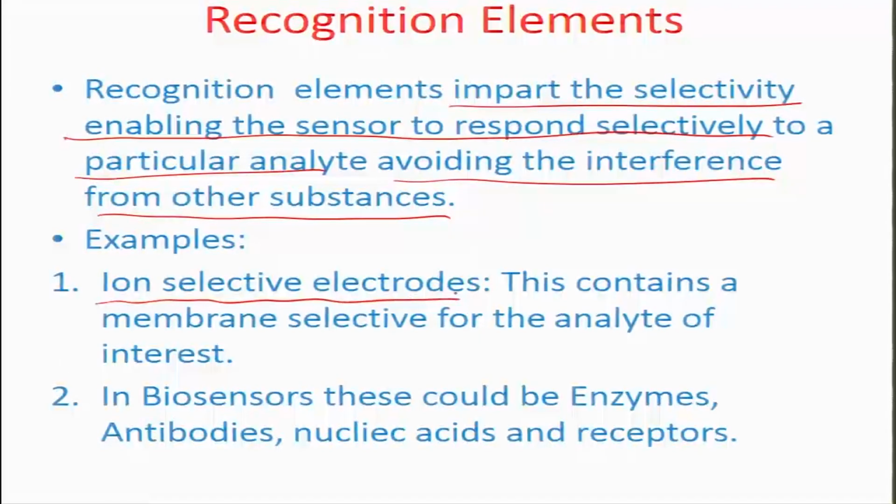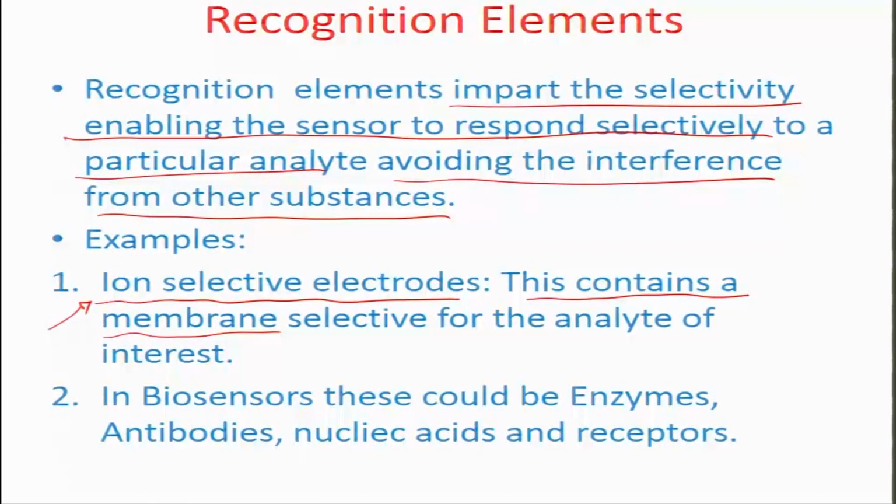So examples could be ion selective electrodes. These are one of the simplest of the sensors, which come in very handy when we talk about pH measurements, for example. The ion selective electrode may contain a membrane which would be able to selectively gauge only protons and not a bunch of different ions which are there in the near vicinity.